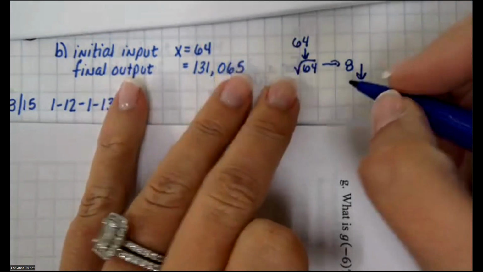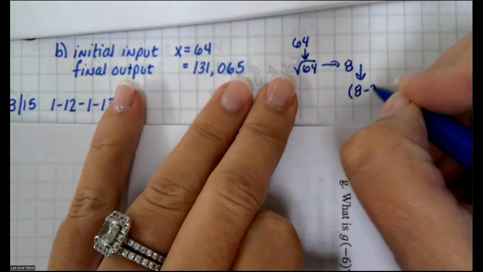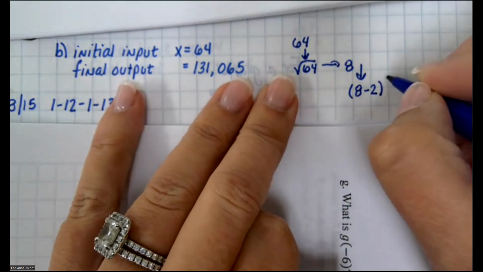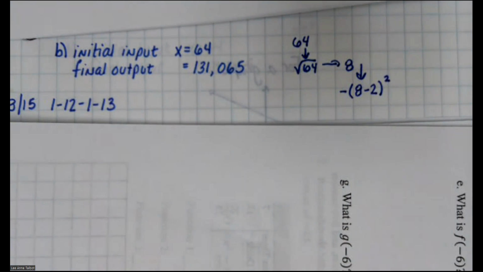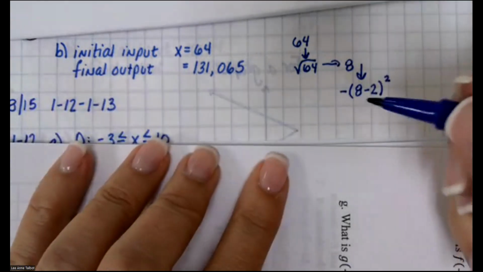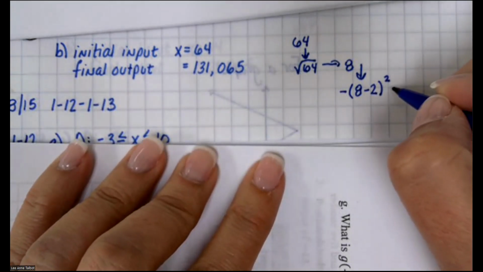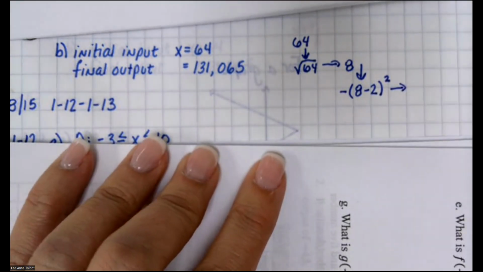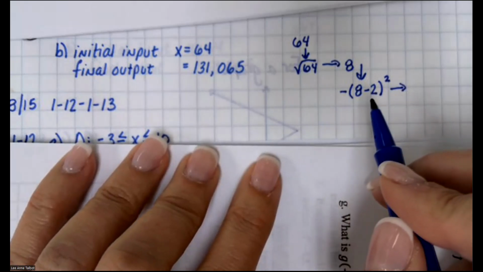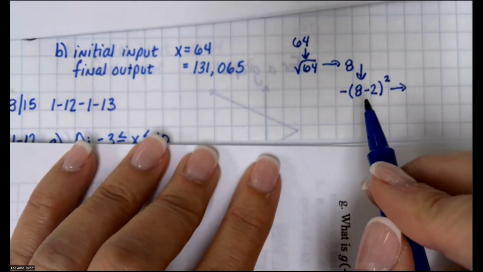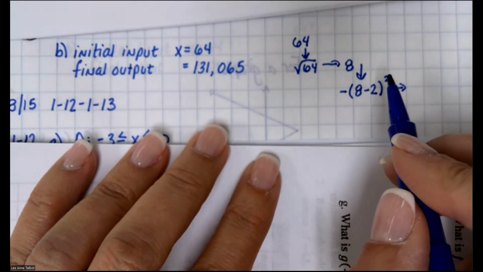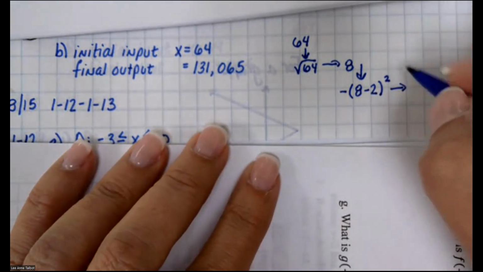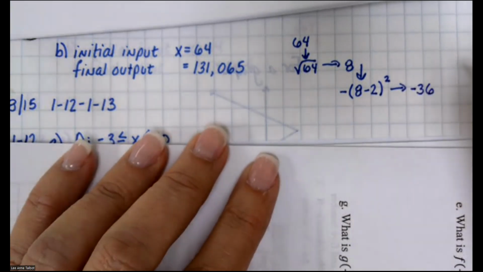So the 8 drops into the yellow one, and you have 8 minus 2 squared. 8 minus 2 is 6. 6 squared is 36. I heard somebody say it.